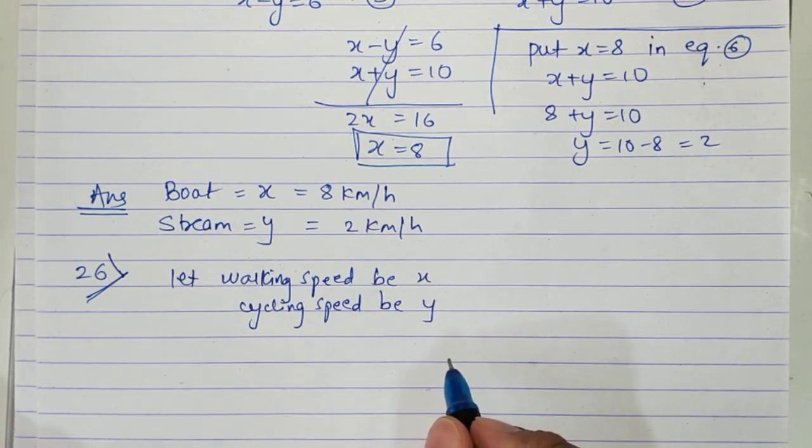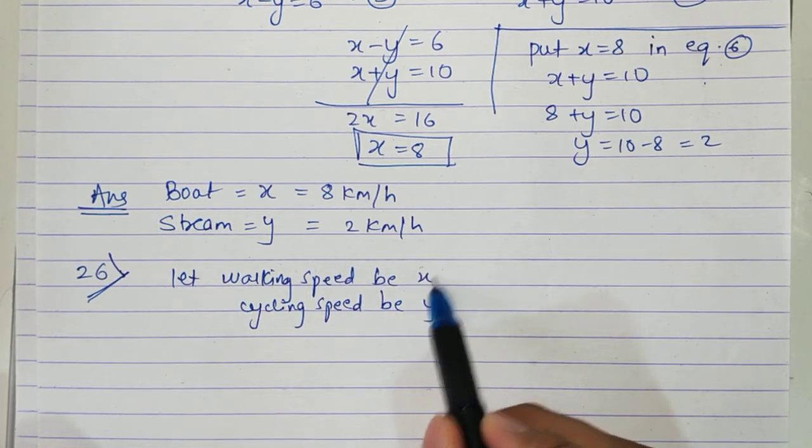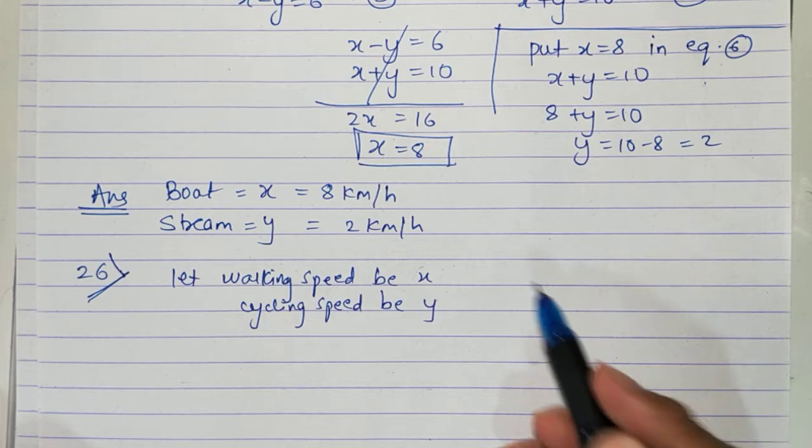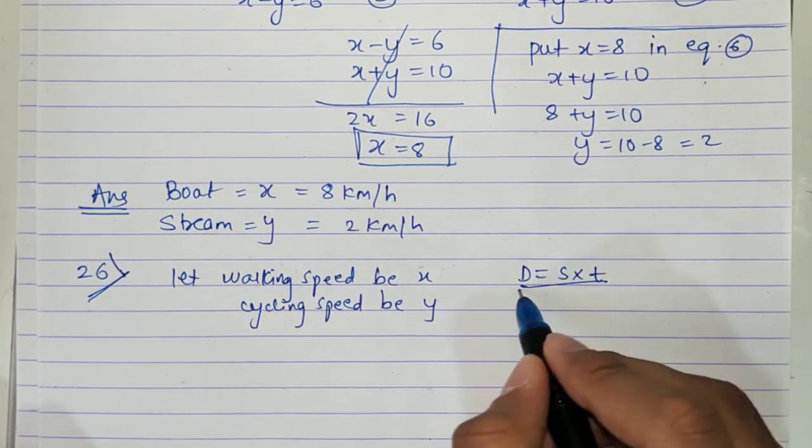So अगर वो 1 hour walk करेगी मीन्स वो कितना डिस्टेंस ट्रैवल किया, x into 1, x distance, because see what is distance? Distance is speed into time. I told you this is the basic formula which you have to remember.